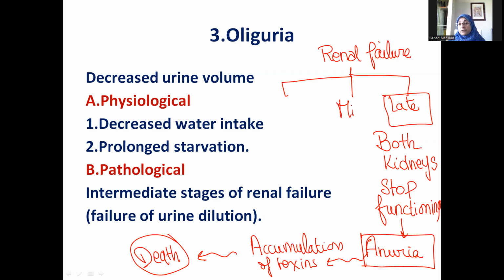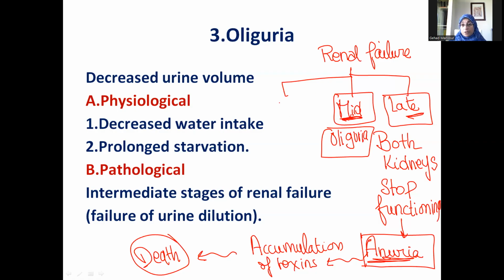But in the mid stages of renal failure, you will have oliguria. So late stages, you have anuria, no urine formation at all. Mid stages, you have oliguria, very concentrated urine, very small volumes of urine.